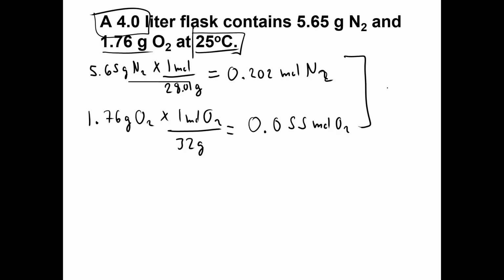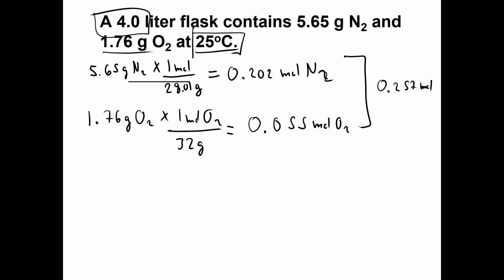Okay, so the total pressure here is 0.257 moles. I just add that up, right? And so the mole fraction is actually going to be equal to the pressure fraction, right?